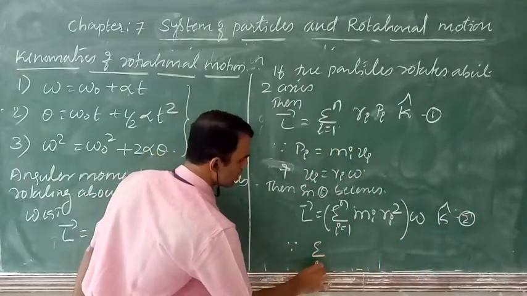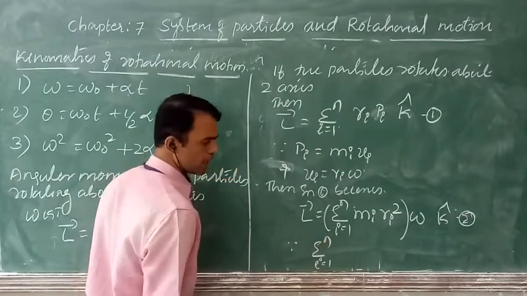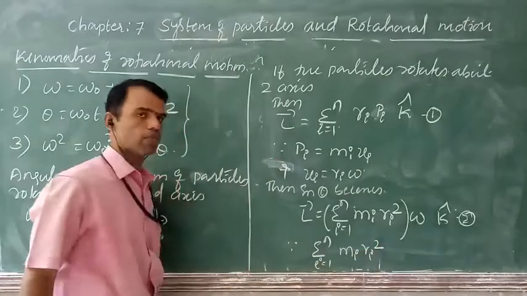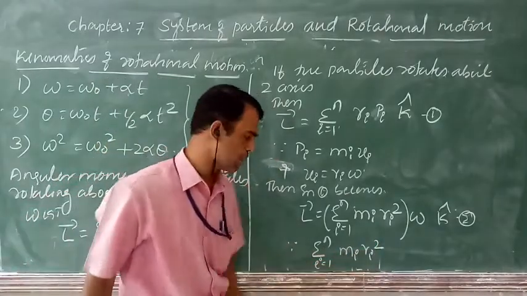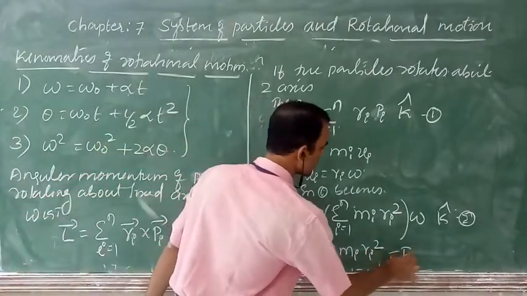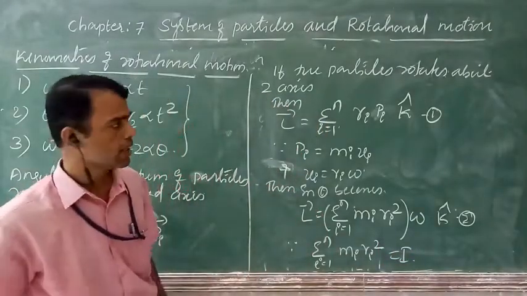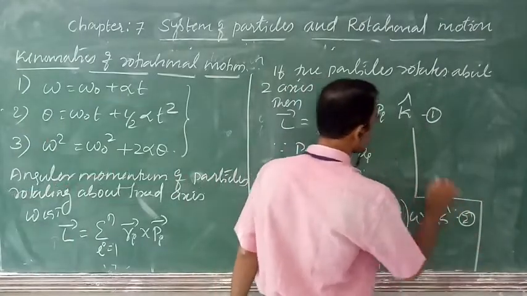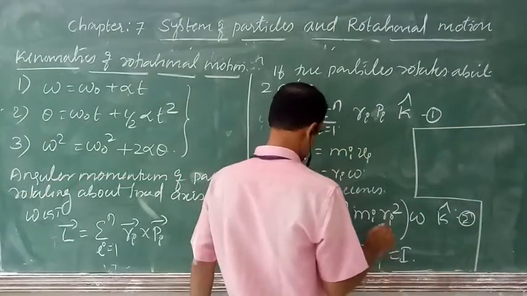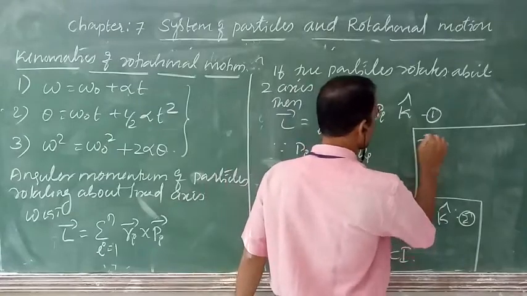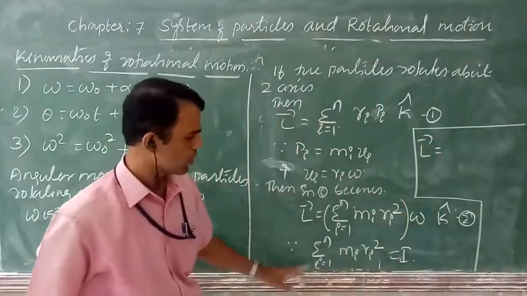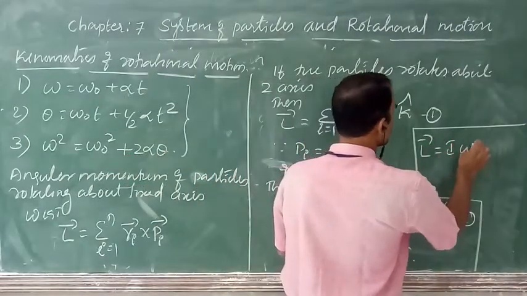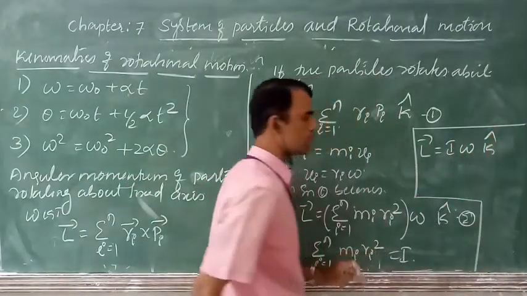Since summation of i is equal to 1 to n of mi Ri square, the product of mass into the square of the perpendicular distance, is nothing but the moment of inertia I, therefore the angular momentum vector L is equal to I omega into k cap.